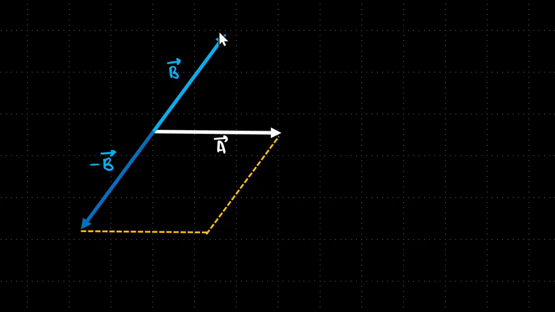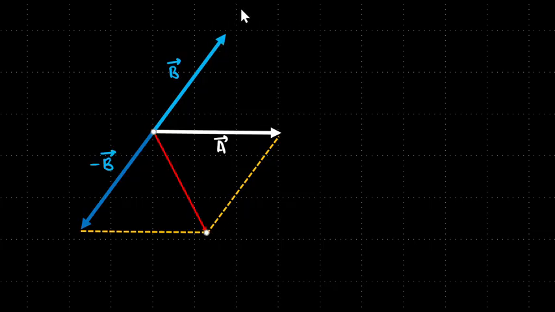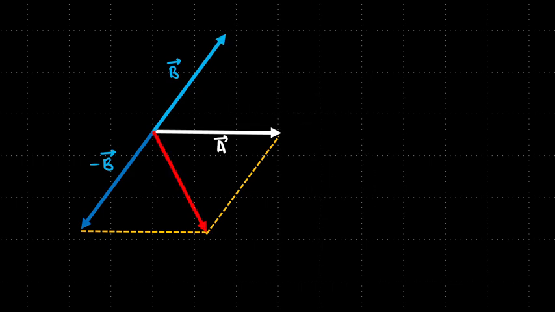As you have this, the resultant that you get from going along this diagonal is going to be a resultant, and the question is, what kind of resultant is it going to be? Let's write it in red.